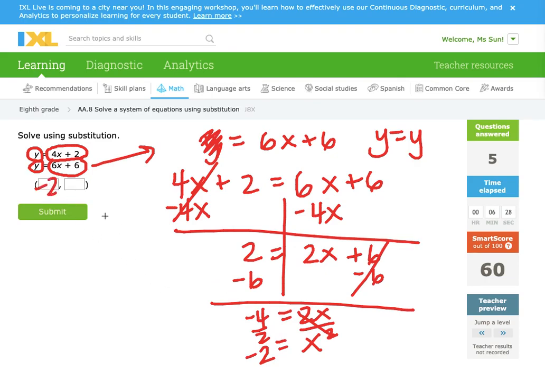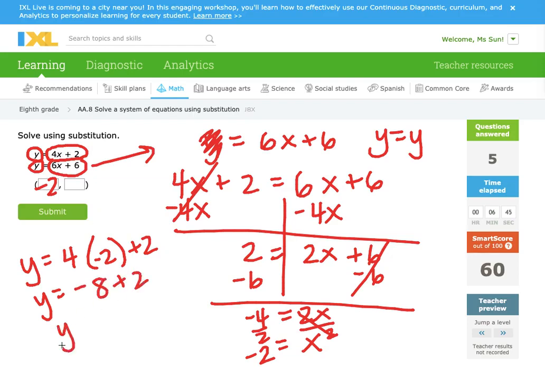And then if I wanted to figure out y, I can just put negative 2 back into where x is and solve that. So y equals, instead of 4 times x, 4 times negative 2, so that's negative 8 plus 2. So y equals negative 6. Okay, I can double check that in the other equation.